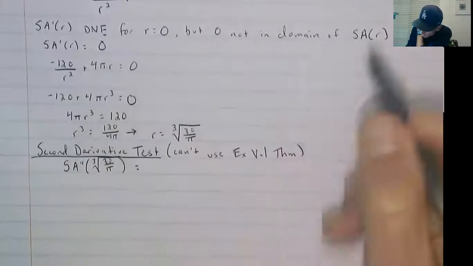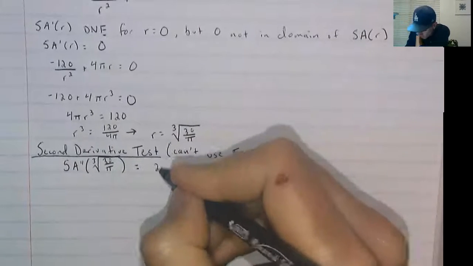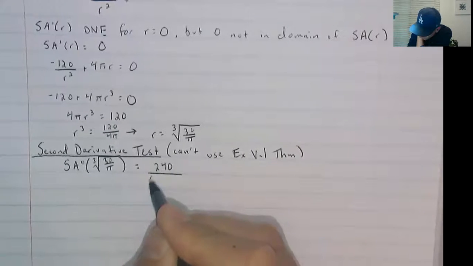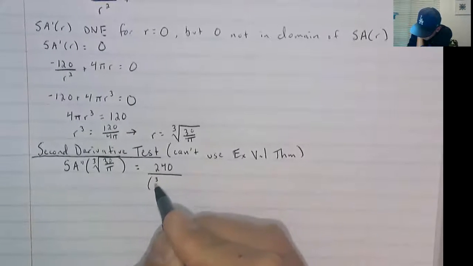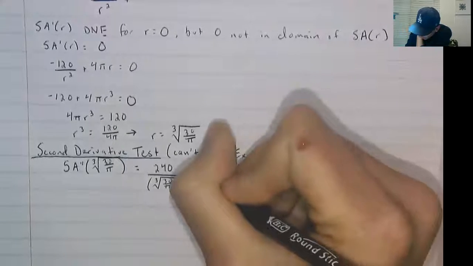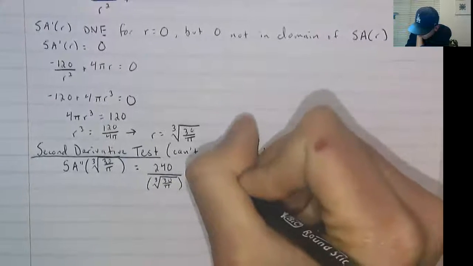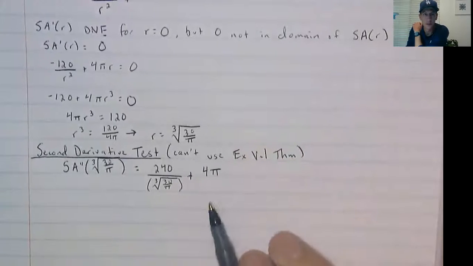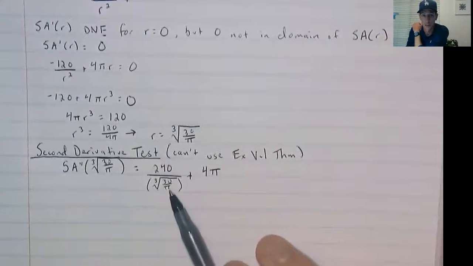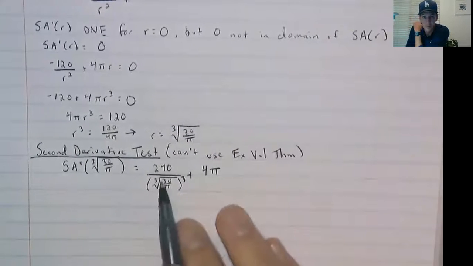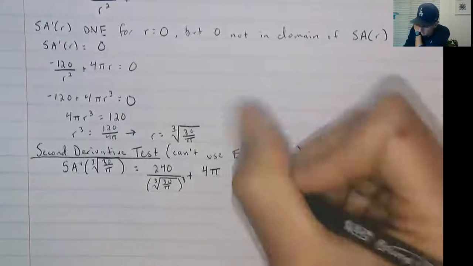The second derivative will be equal to 240 over R cubed, where the R that we are testing is cube root of 30 over pi, plus 4 pi. And here we can pretty much stop because we can hopefully see that this, oh, sorry, there's a cube here. This is going to be positive, and we're adding something positive.